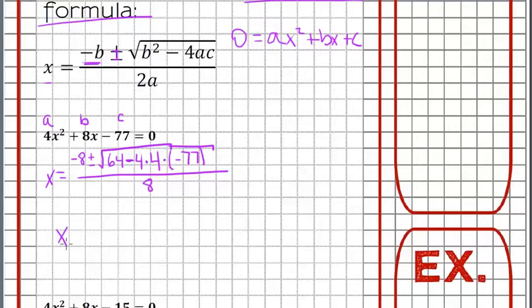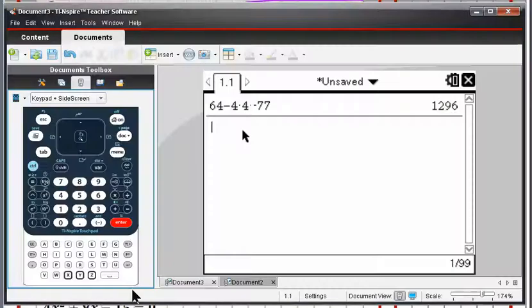Wow, so I have x equals negative 8 plus or minus the square root of 1296 all over 8.